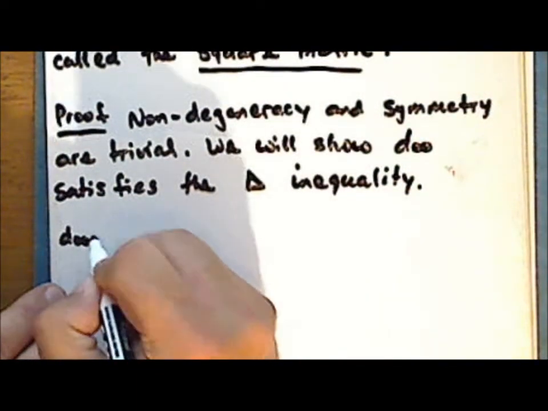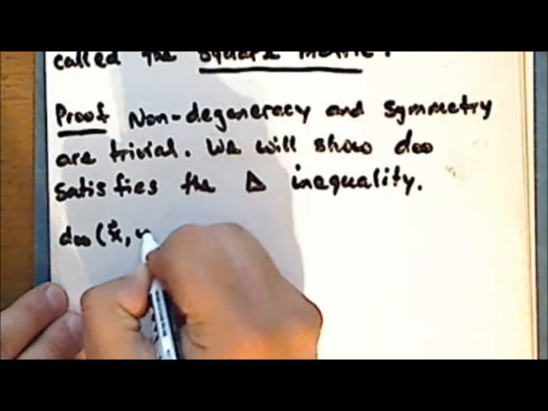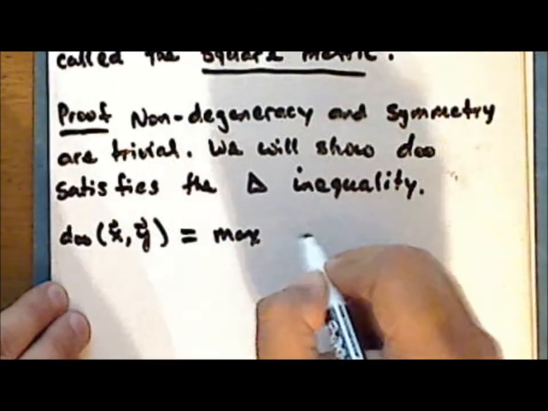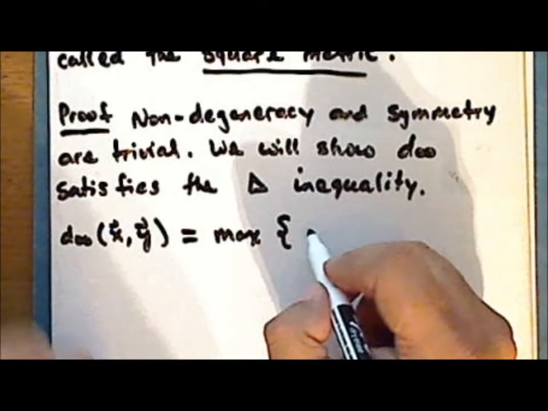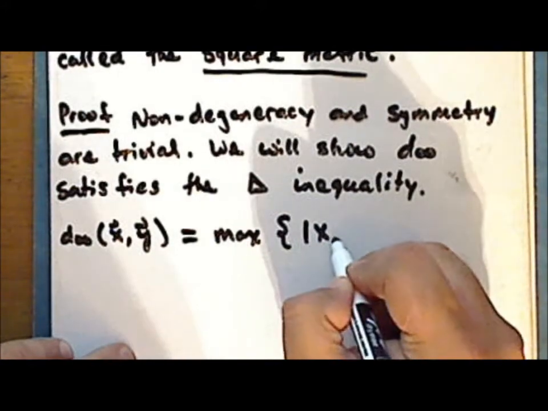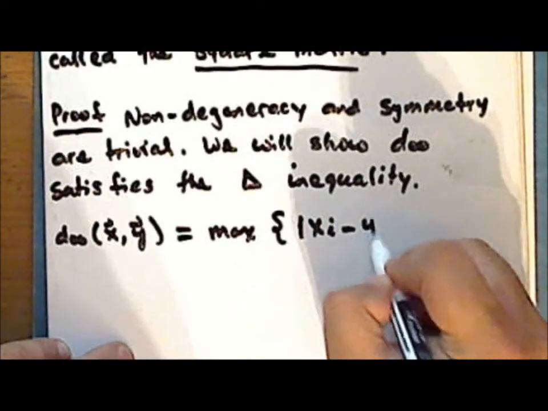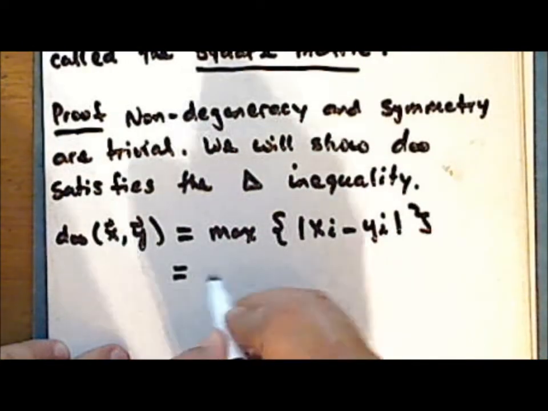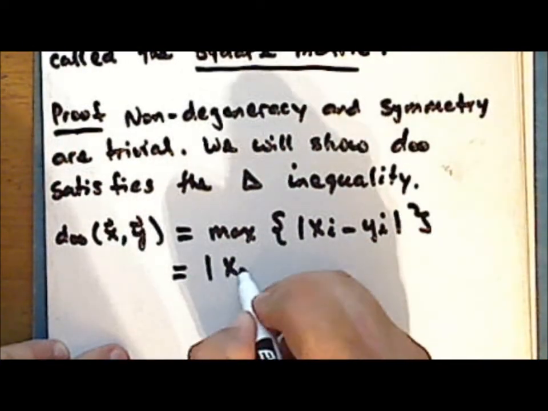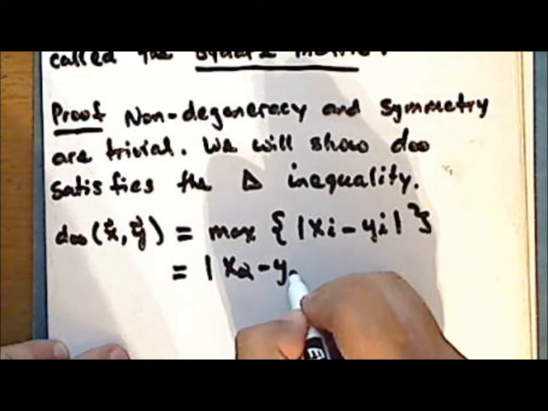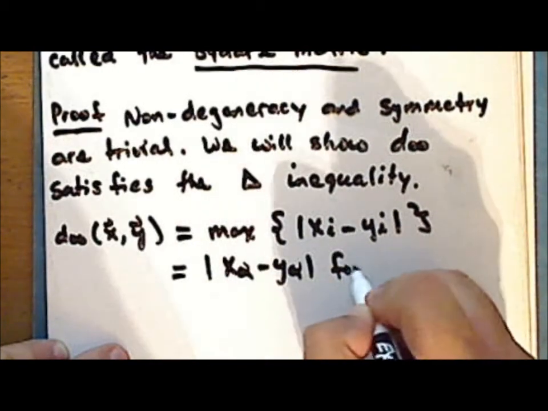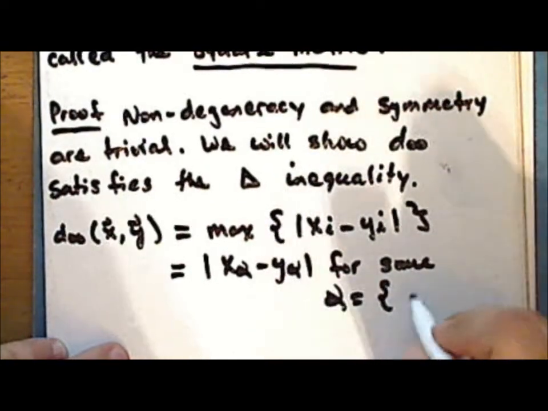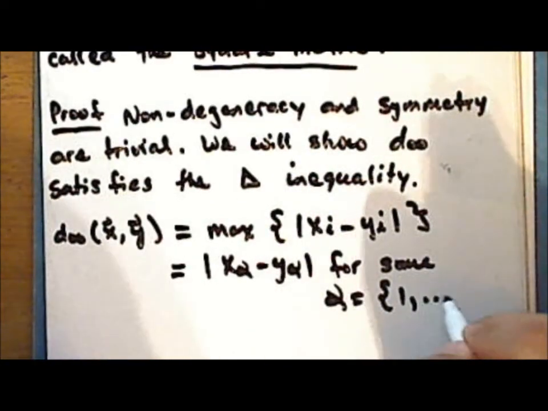So d sub infinity of x, y is the maximum, or the largest value, of the absolute value of the difference of the components. So this is the absolute value of x sub alpha minus y sub alpha for some alpha being from 1 to n.